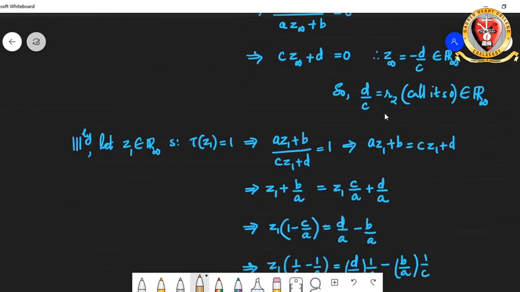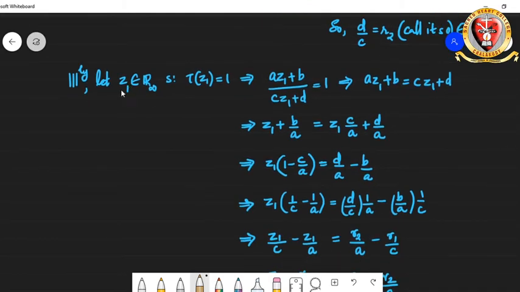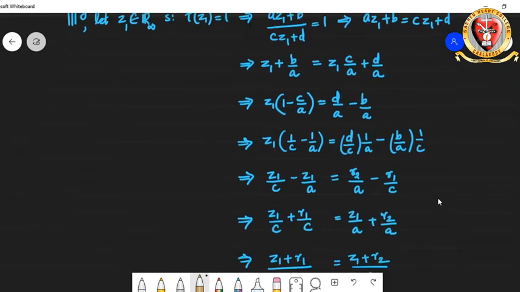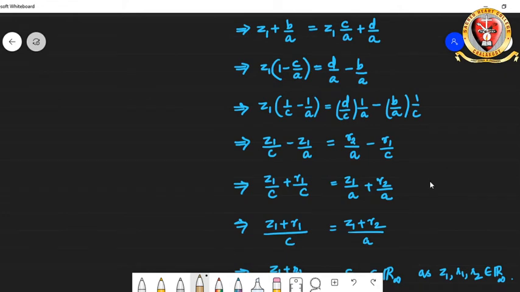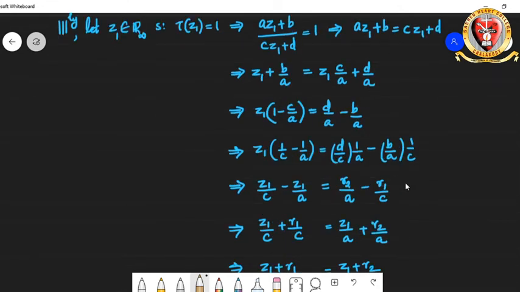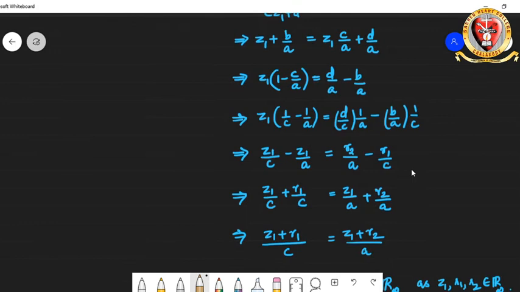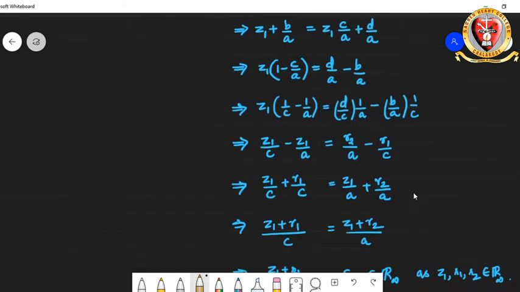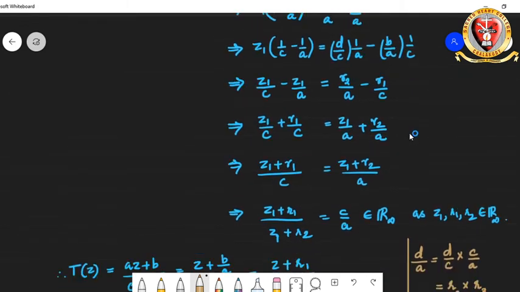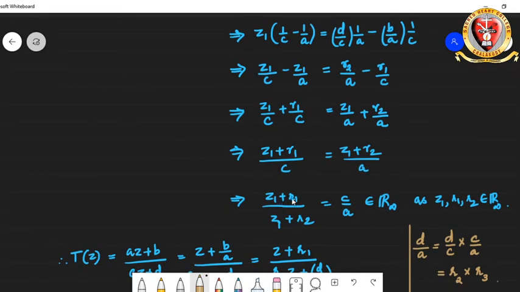In the same manner, I am taking another Z1 from R infinity such that T of Z1 is equal to 1. From that, when we work it out, we are going to end up with the substitutions of R2 and R1 also, and going like that, we will end up getting Z1 plus R1 divided by Z1 plus R2 is equal to C by A. Okay.